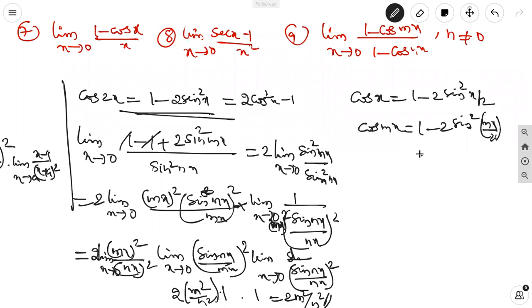Then you multiply and divide with (mx by 2) whole square. In the denominator, if you get sine square nx, again you multiply and divide with (nx by 2) whole square. Simplify. This sec x is converted into 1 by cos x, and simplify it. Is it okay? You can try it. If you get it, it's okay. If you don't get it, I will explain tomorrow.